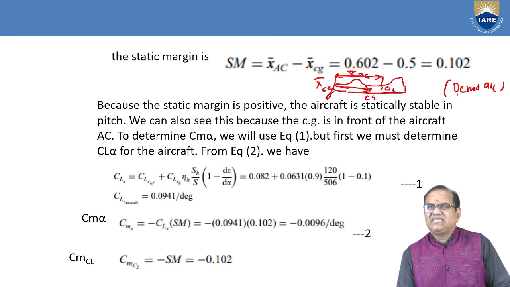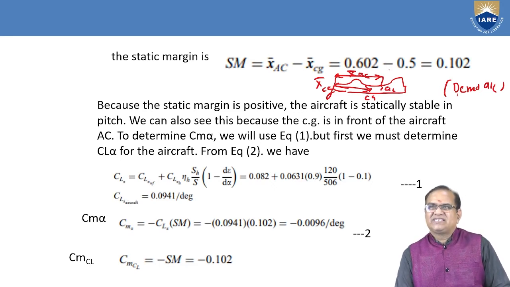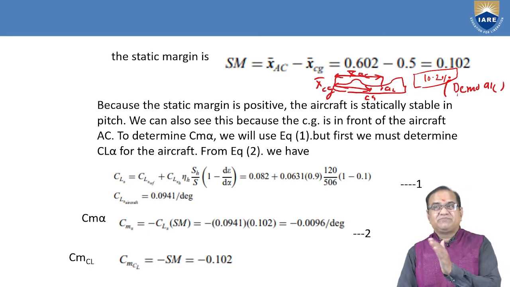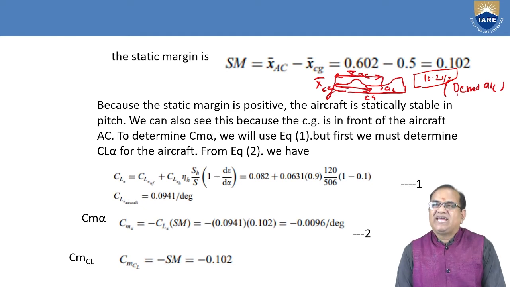So XAC we found as 0.602 minus 0.5, and it is positive, giving 0.102. It means the static margin is 10.2%, and it is positive. A positive value means the AC is behind the CG, and then we can tell that the aircraft is statically stable.